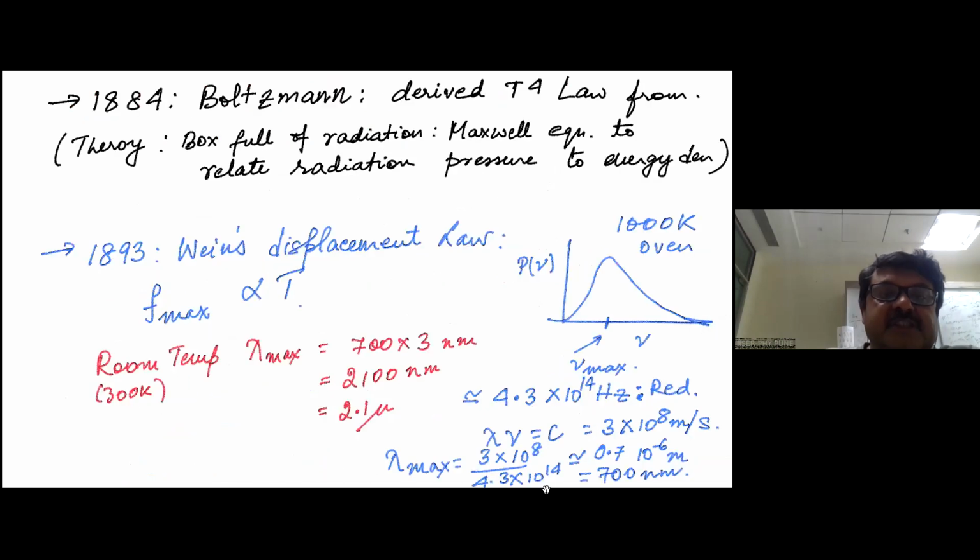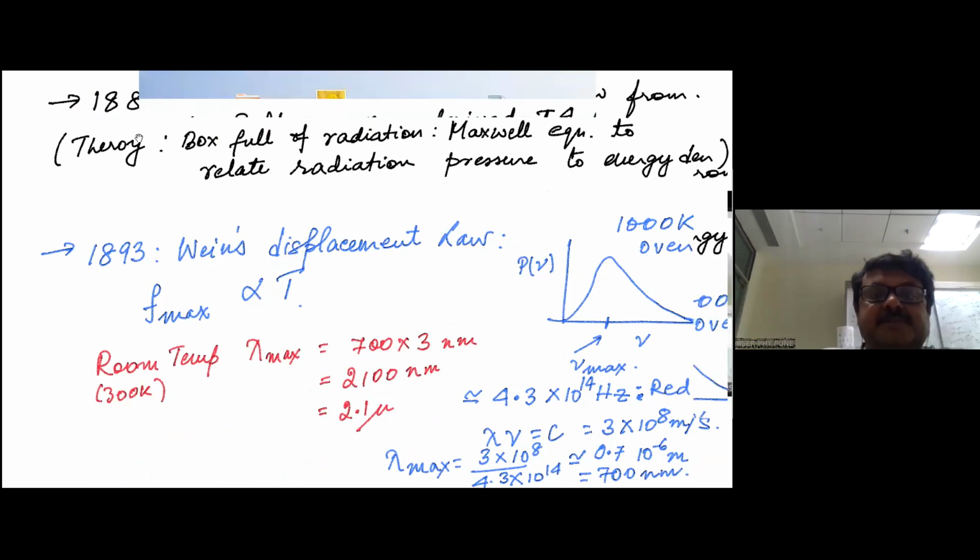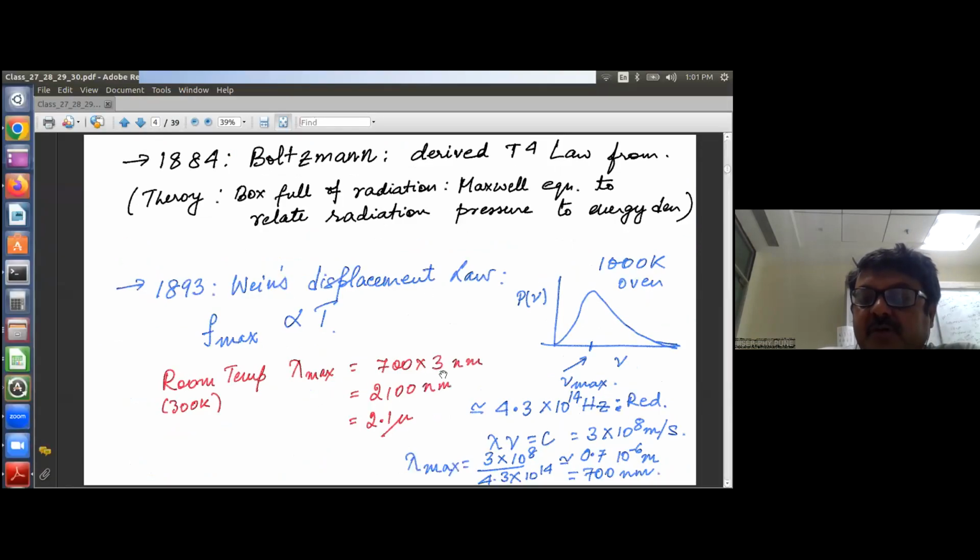The other observation was, they had a better idea of the entire spectrum, so they could measure the energy density at different values of the frequency. And at some point, I think in 1893, they saw that at different frequencies there were different energy densities.